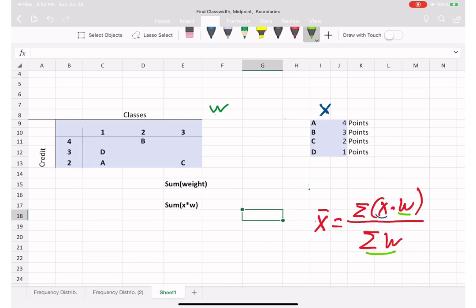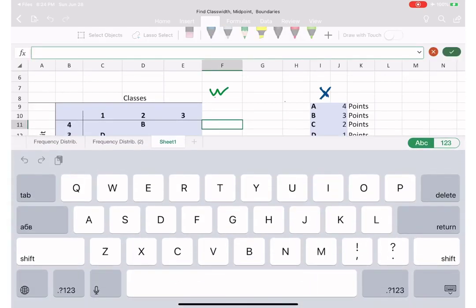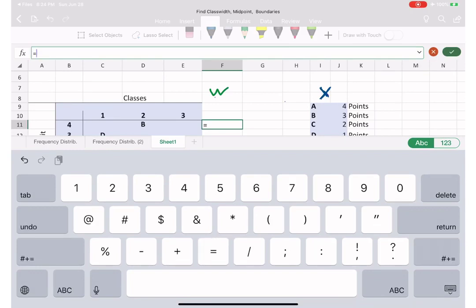So let's see how we are going to find w, that consists of classes and credit hours. So for letter B, the weight is going to be equal, so 2 classes times 4 credit hours.